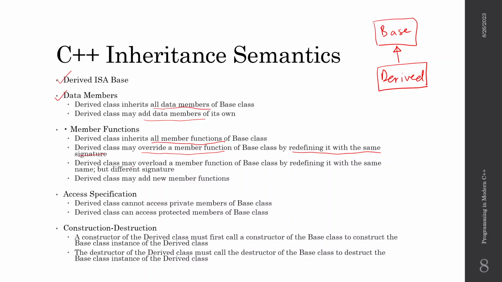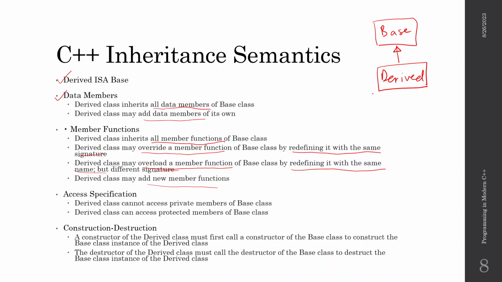And similar to that, the derived class may also overload a member function by redefining it with the same name but different signature. And again, as usual, the derived class may add new member functions.